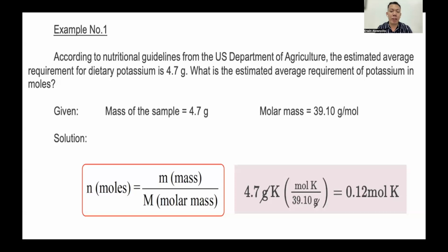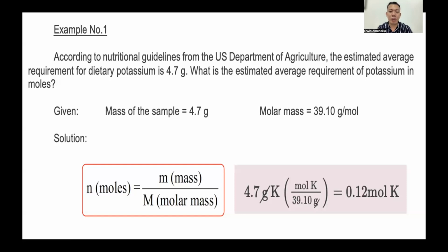So that's our given. Based on the given, you can now use the formula as part of your step under solution. The formula is n is equal to m, or mass divided by molar mass. So you can write 4.7 gram, which is the mass of the sample, divided by 39.10.